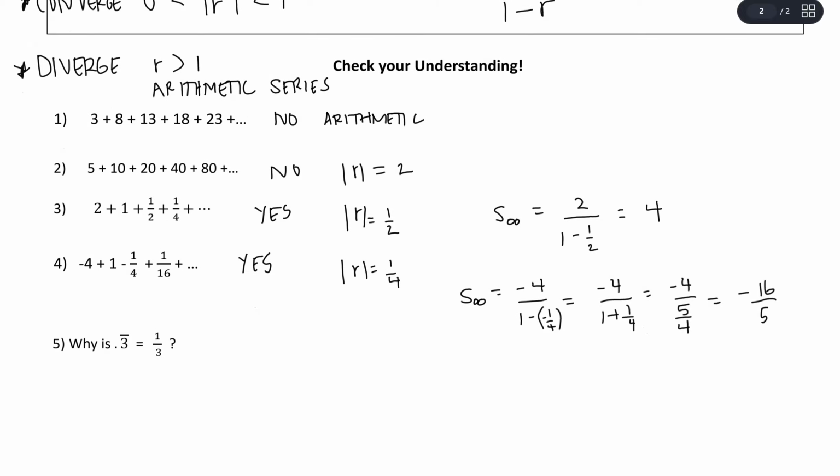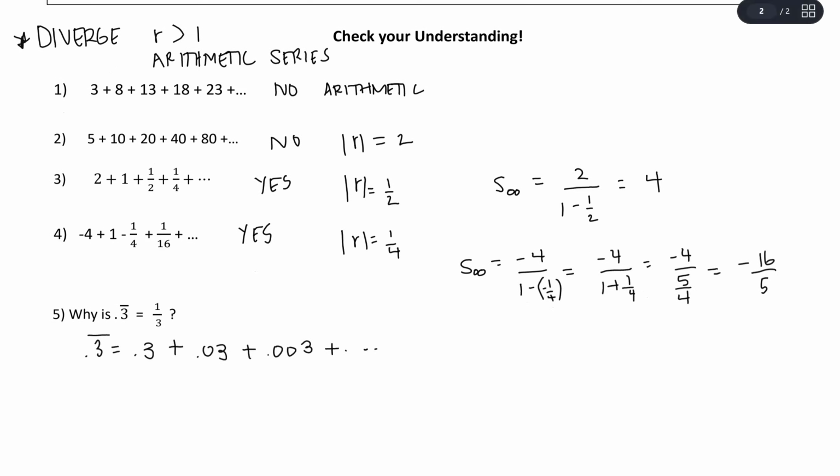All right, so let's look at this one. Why is 0.3 repeating equal to 1/3? Very interesting. So 0.3 repeating, what does that mean? It means 0.3 plus 0.03 plus 0.003 and so forth, right?